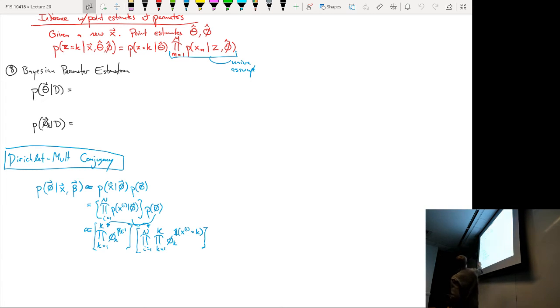Well, we can now simplify this whole expression, because it's equal to a product from k equals 1 to capital K of phi k terms raised to the power beta k minus 1 plus a summation from i equals 1 to n of these little indicators, counting up how many times xi was equal to k.